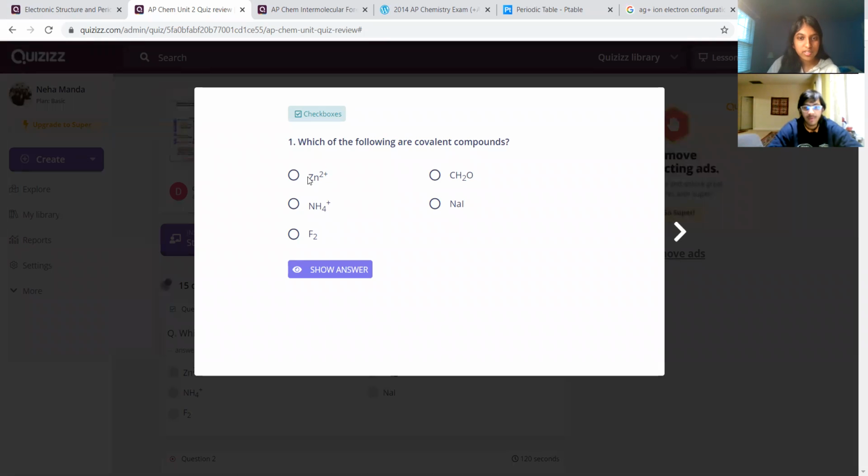And then this isn't even a compound. It's just an element, an atom. And then I think it should be this one too, NH4 plus. But that's a polyatomic ion, right? That's the ammonium ion, I believe. I think that's a polyatomic ion.